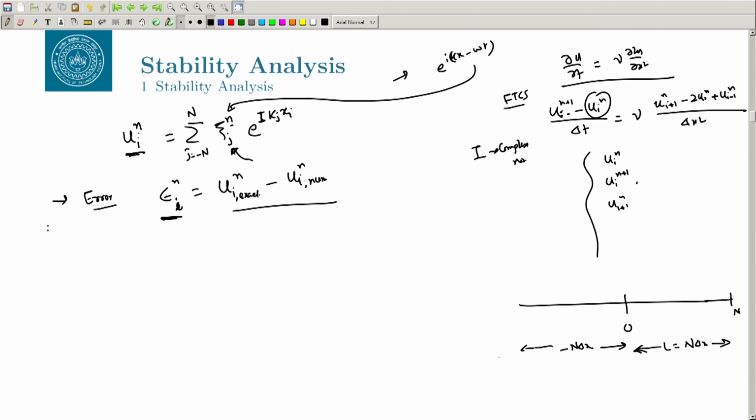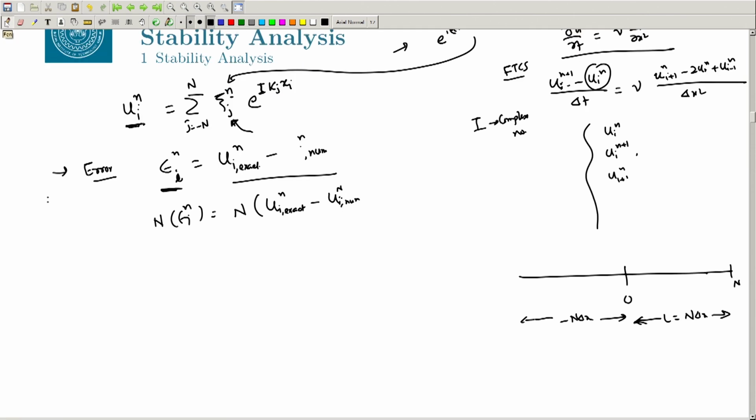So if the equation is linear, then with N as the operator, N epsilon_i^n equals N u_i exact minus N u_i numerical.